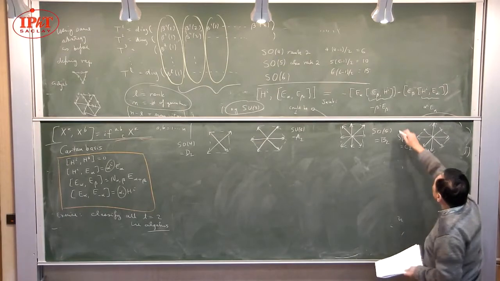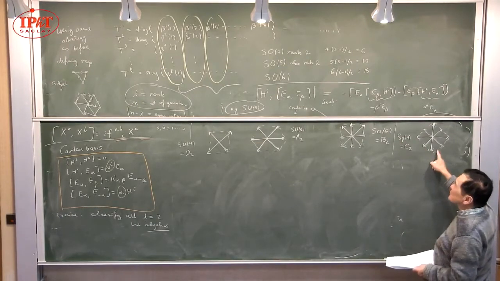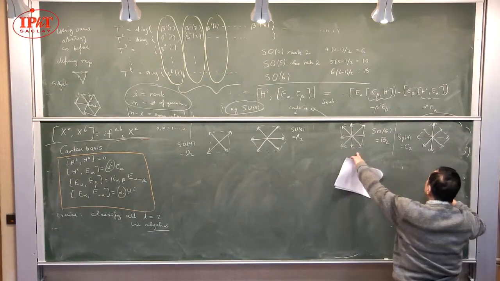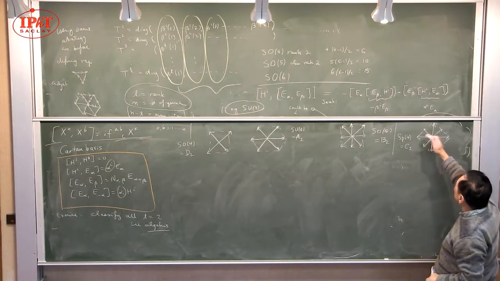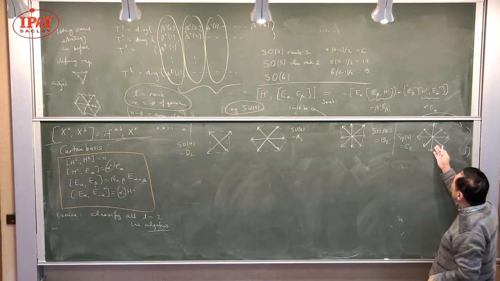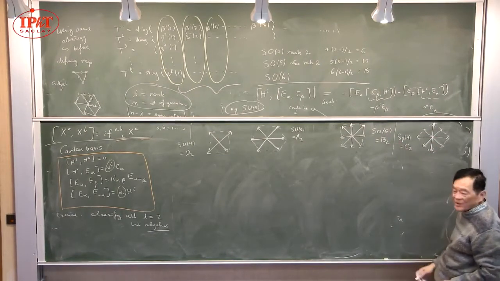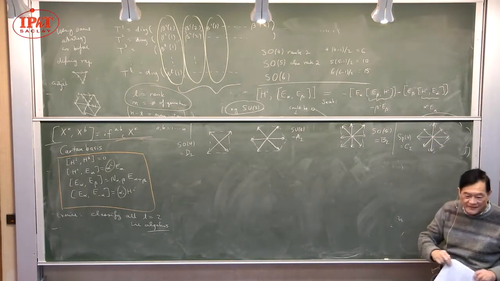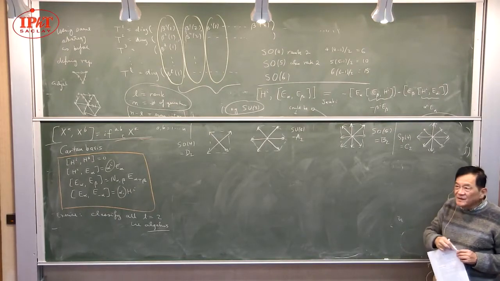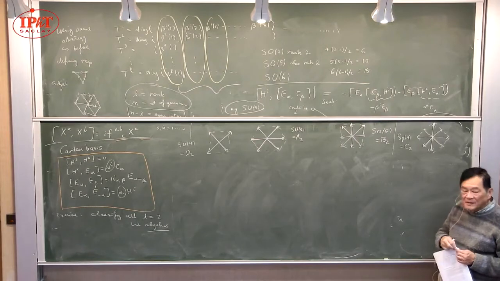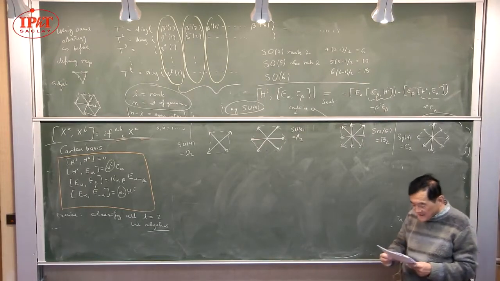Okay? So the surprise is that this and this is just rotated by 45 degrees. So these algebras are isomorphic. SP4 and SO5 are isomorphic, which is not exactly trivial to see if you think about the definition of SP4 and SO5. Okay?